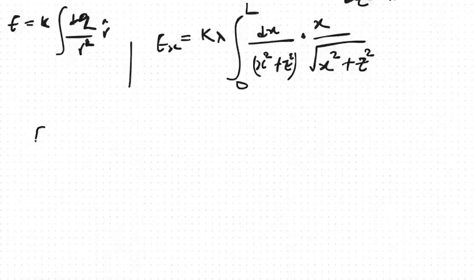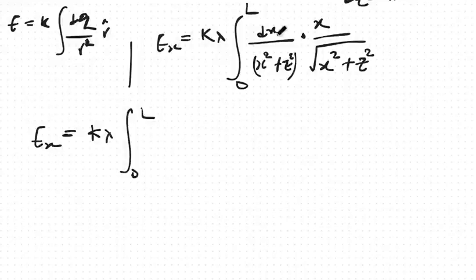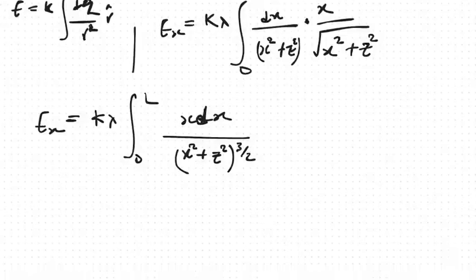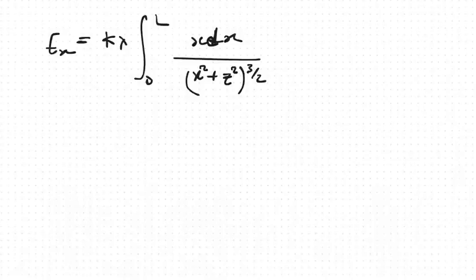So I can say that EX is equal to k lambda integral from 0 to L of x dx divided by x squared plus z squared to the power 3 divided by 2. So let's integrate this expression. To integrate this expression, we use integration by substitution.